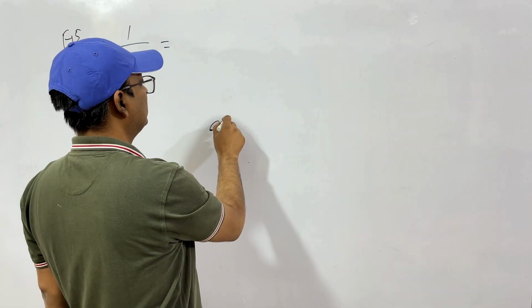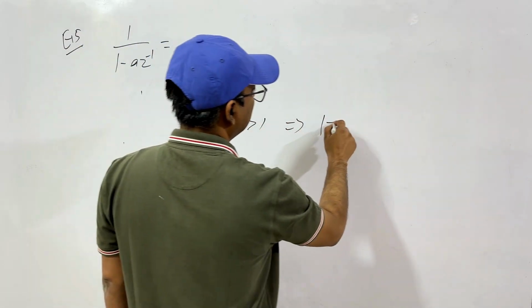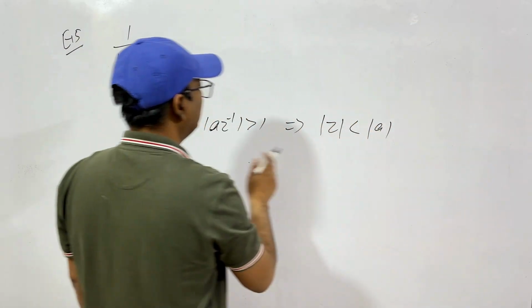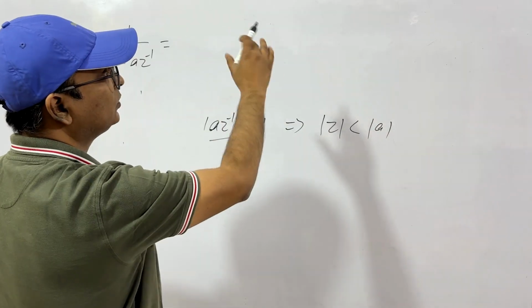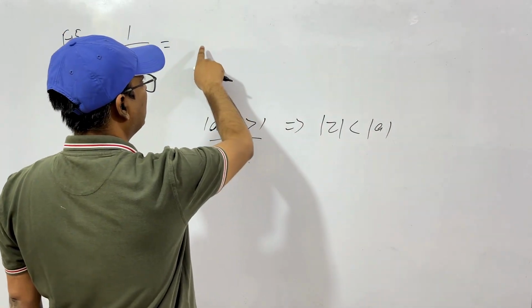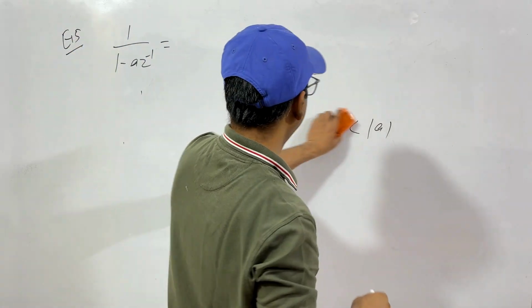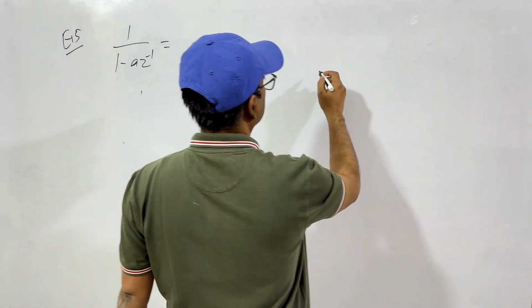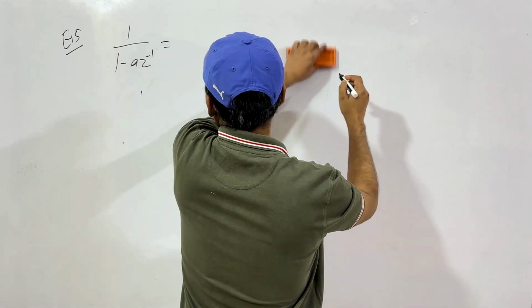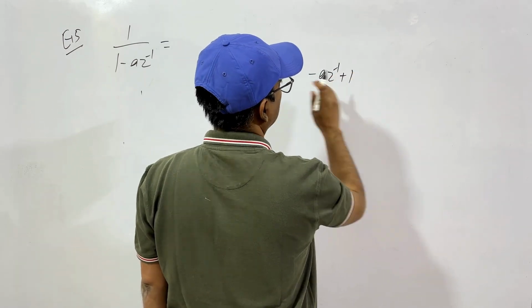If this is greater than 1, it means |z| is less than |a|. In that case, that series won't converge. You understand? 1 plus r plus r square. Since r is greater than 1, it won't converge to 1 by 1 minus r. So what is the way? We'll divide it like this: instead of 1 minus a z inverse, we'll write minus a z inverse plus 1. Just reverse it.